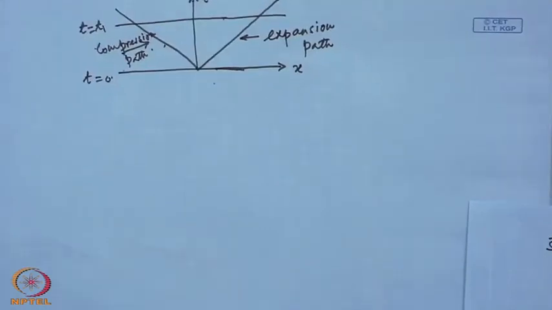Now, what we have covered today is basically wave motion in one dimension, where we first linearized the continuity equation and Euler's equation, assuming that the disturbances are small.